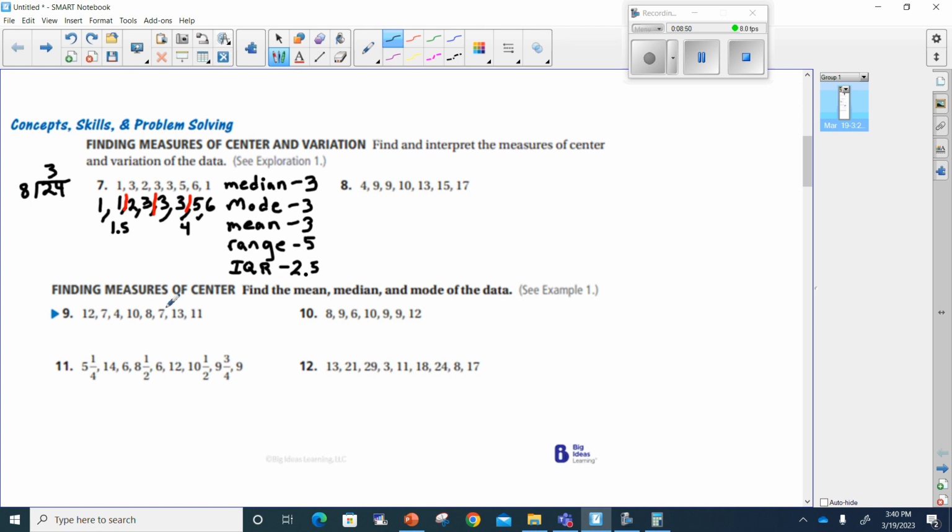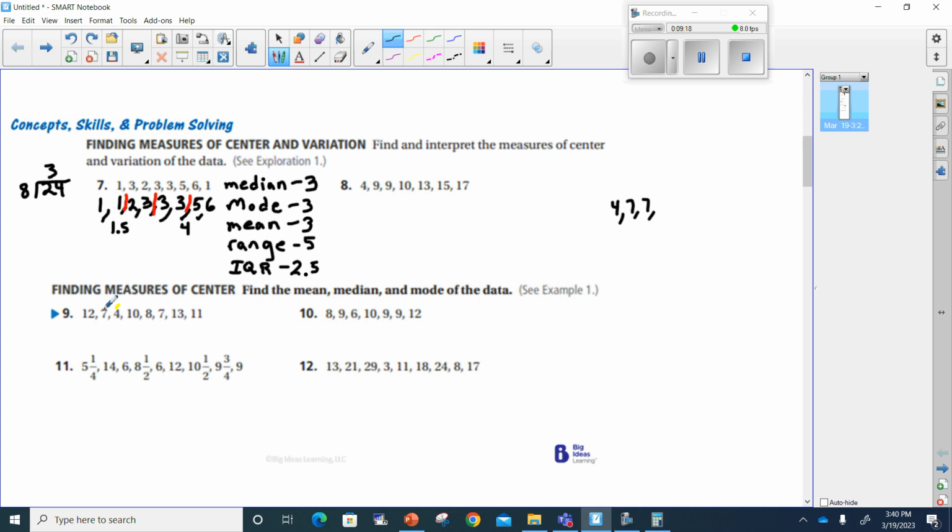So the smallest number is going to be 4. Let's see, the next smallest number is going to be, I'm just going to put a yellow mark over it to remind me what's already been used. Next looks like a 7. And a 7 looks like it's in there twice. So I'm going to put 7, 7 again.